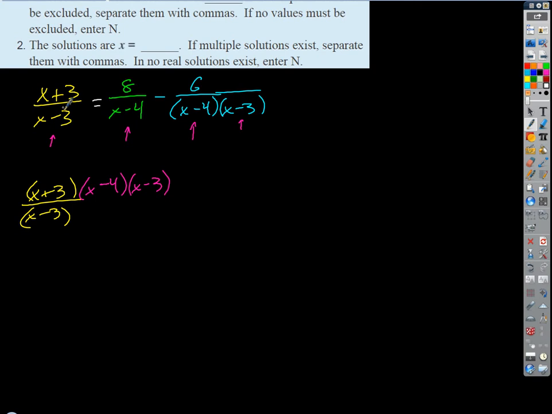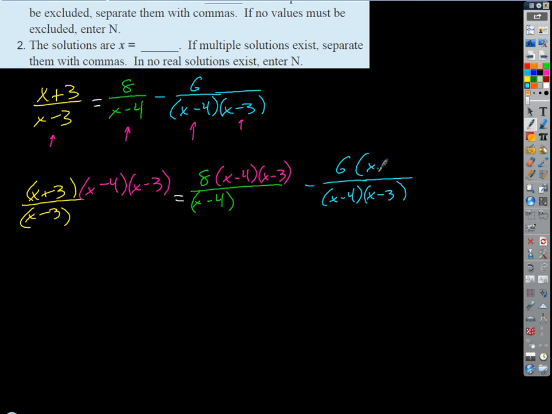So we'll multiply the yellow fraction by it, we'll multiply the green fraction by it, and we'll multiply the blue fraction by it. Okay, if we do that, we can see lots of cancellation.